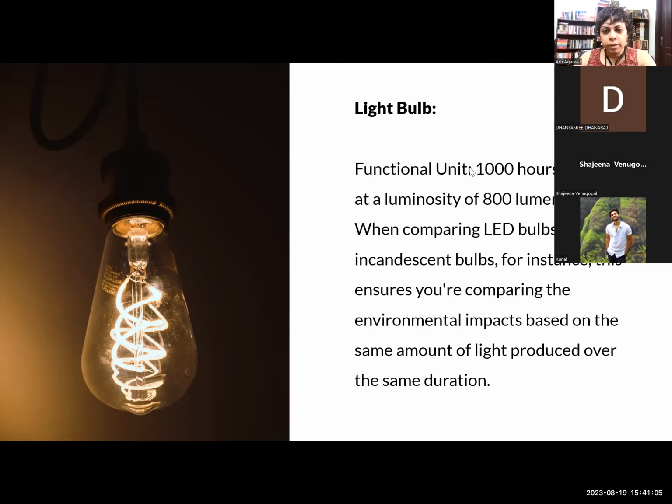So for this particular specification, how much energy is used, how much of other materials is used, whatever. Mainly it will be an energy comparison, but there may be something else also, the materials used in the bulb and all that kind of stuff.